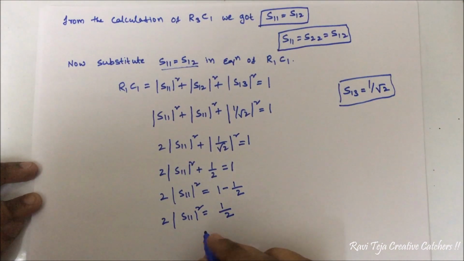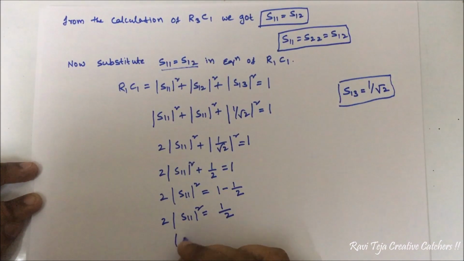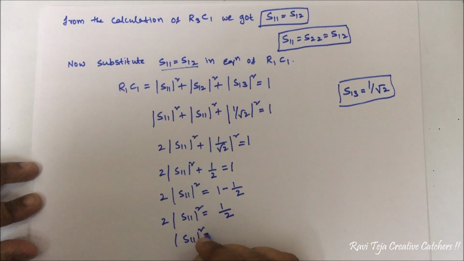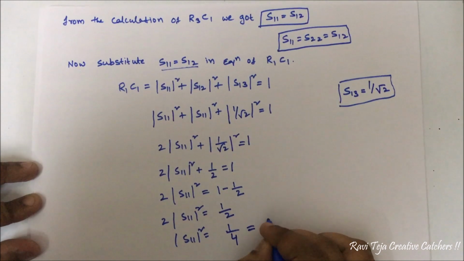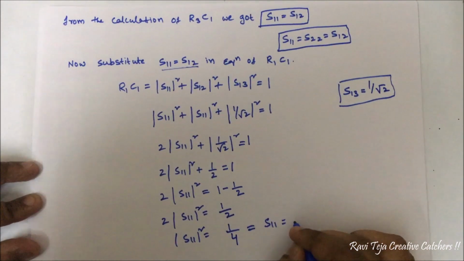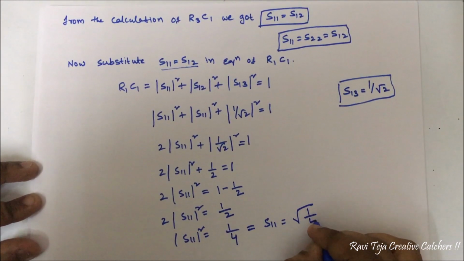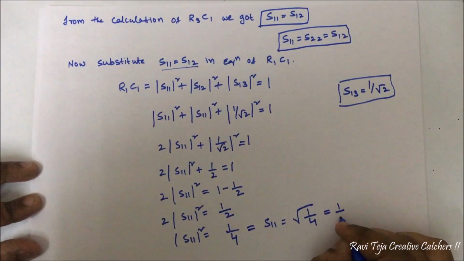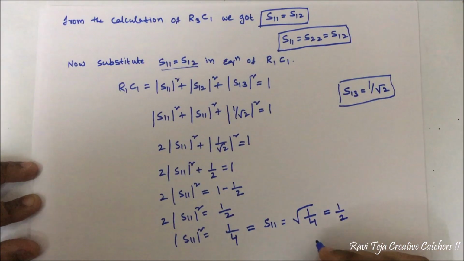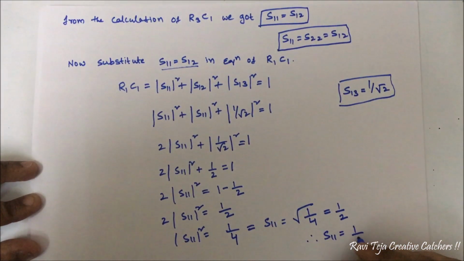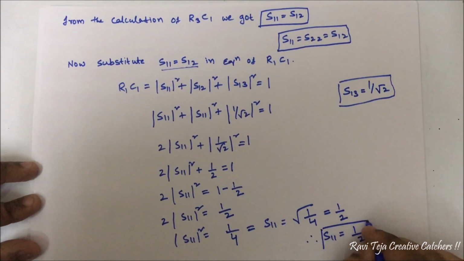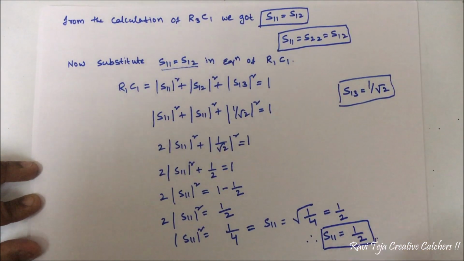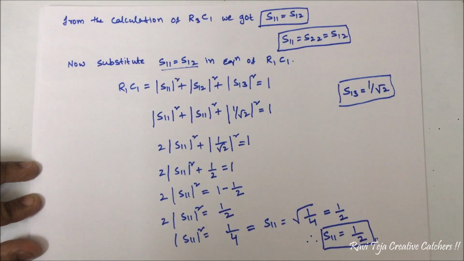Now, |S11|² is equal to 1 by 4. If you take that to the other side, you will get 1 by 4. So, S11 is the root of 1 by 4, which is nothing but 1 by 2. Therefore, S11 is equal to 1 by 2. This is the value we got by substituting S11 equal to S12.